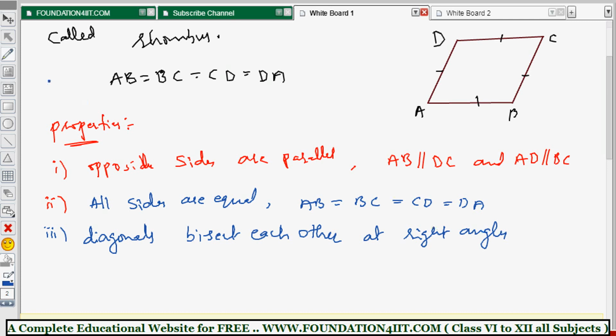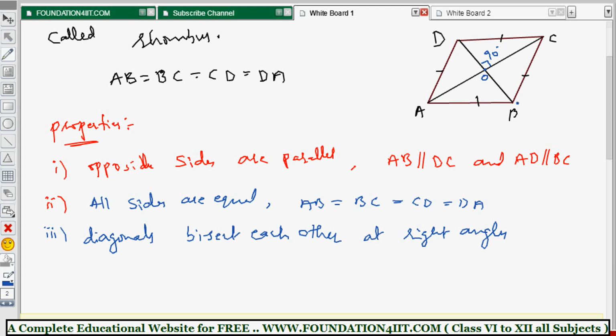I am taking two diagonals. Every quadrilateral has two diagonals, joining the opposite vertices, AC and BD. These two are the diagonals. They intersect at right angles, so this angle is 90 degrees. If the intersection point is O, they bisect each other at right angles.